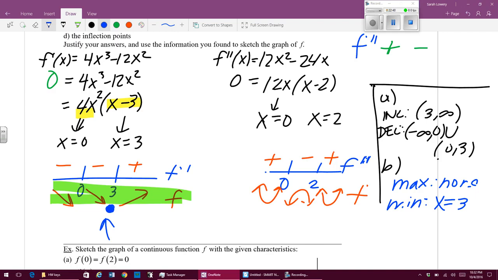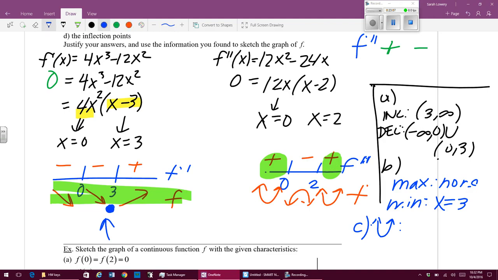Part C says the intervals in which f is concave up or down. So my function is concave up right here and right here.